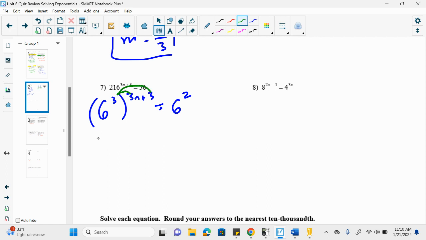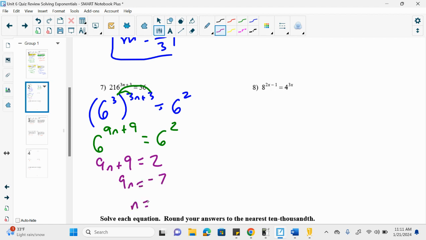So really we'd have 6 to the 9n plus 9 equals 6 squared. Now we have this rewritten with the same base for each of our powers, where we can set the exponents equal to each other and say 9n plus 9 equals 2, and solve. Subtract over the 9. 9n equals negative 7. Divide by 9. Negative 7 over 9.